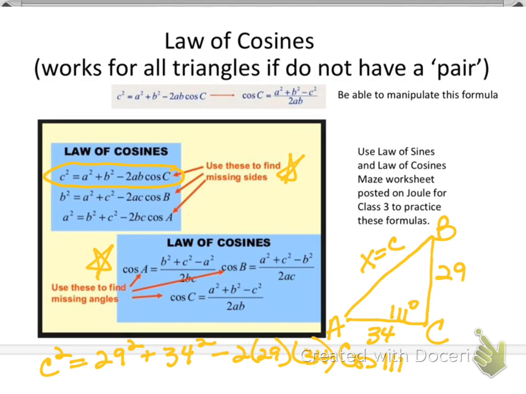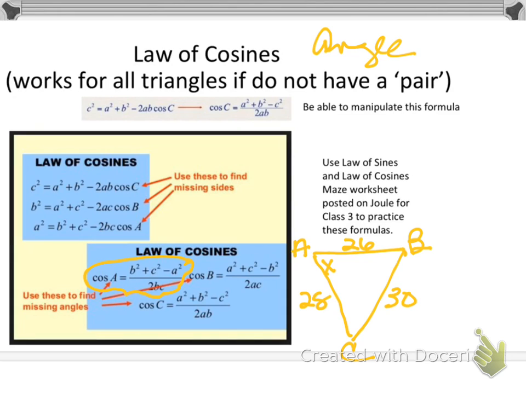Do nothing with that. Say second square root of your answer, and you get 52.0. So what I found is that C equals 52.0.